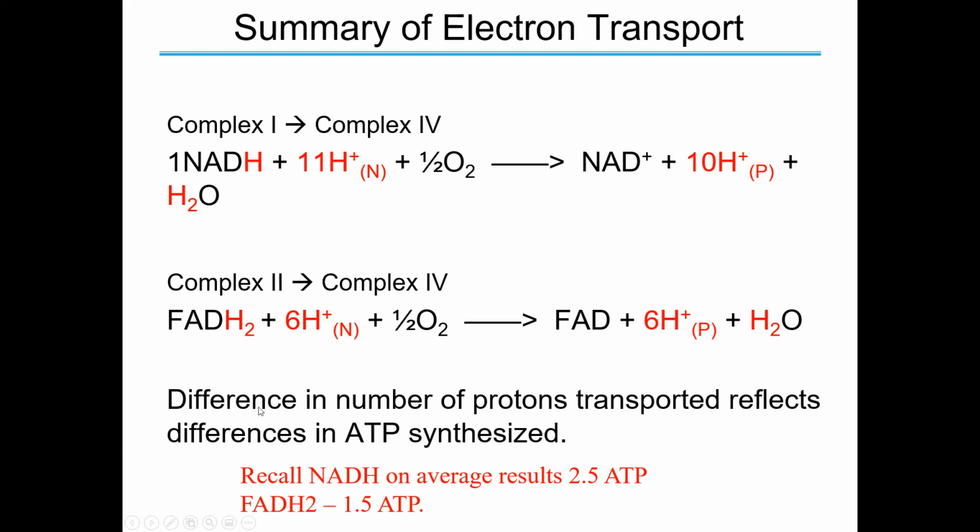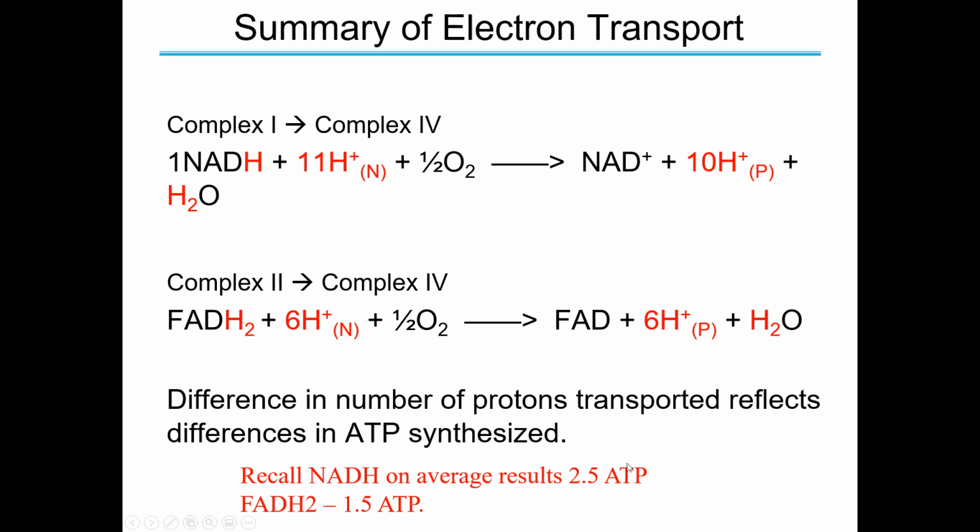So this difference in the number of protons transported into the intermembrane space reflects the difference in the ATP being synthesized. The higher the proton gradient, the more protons will flow through F0, F1 ATP synthase, and you will generate more ATP.